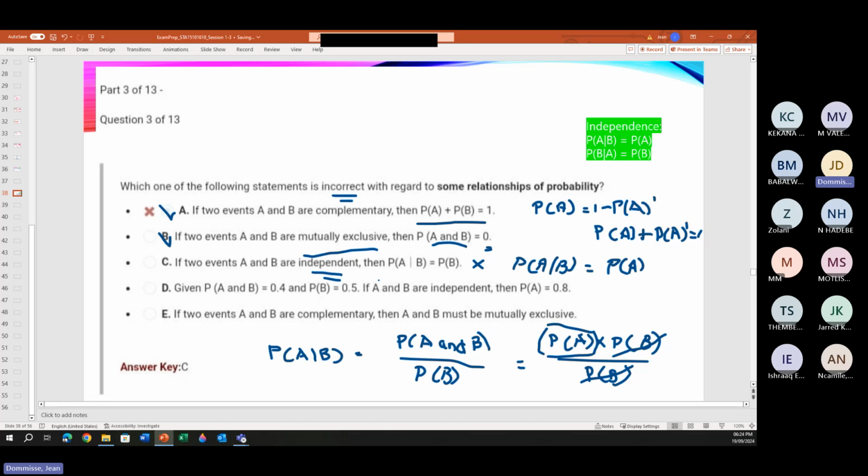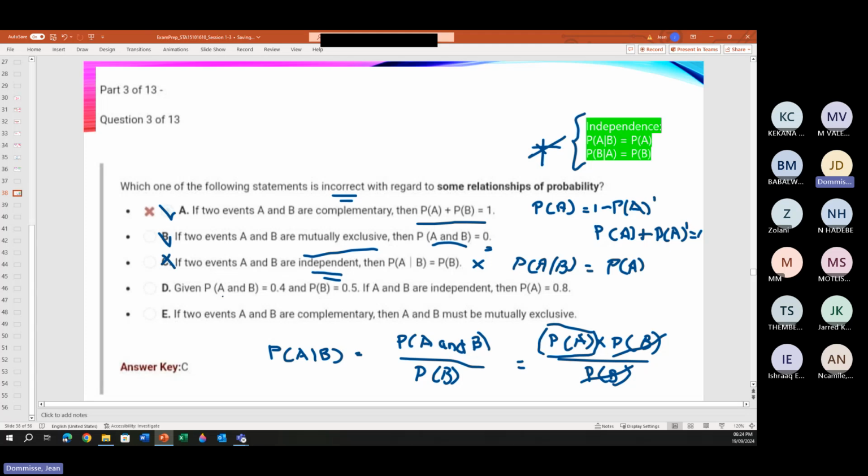You can use this formula in the exam; you don't need to prove it. You can use that the probability of A given B will be the probability of A, and the probability of B given A will be the probability of B. But let's quickly look at another, so that is the wrong one.